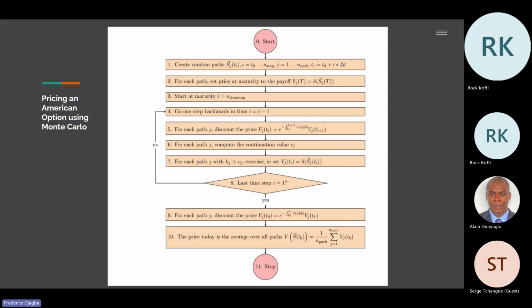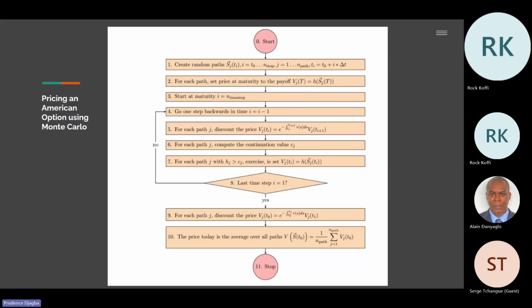And the second step now is when we start building a sequence of cash flows from the maturity. At the maturity T, we build the first cash flow, which contains the value of the payoff exercise at that time. In the case of a European option, we just stop at step 2.